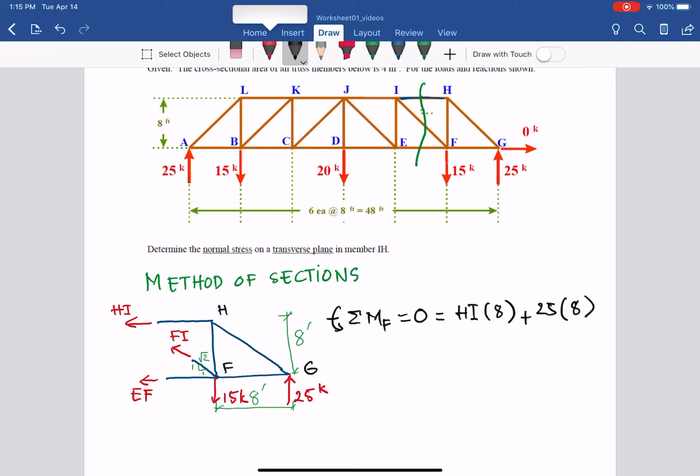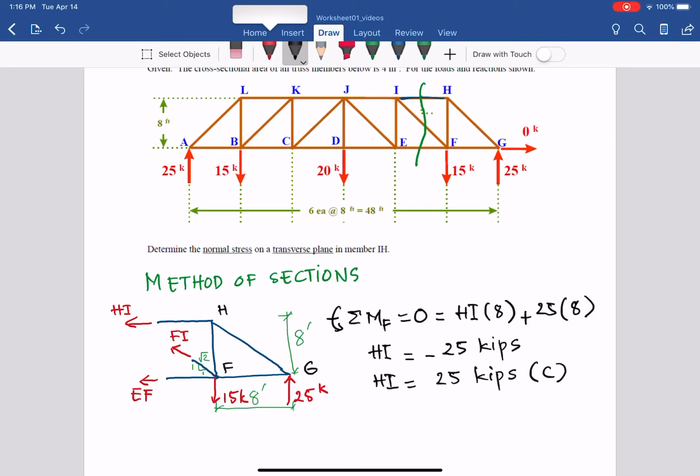From that we get HI equal to negative 25 kips. What does negative mean? It means that HI or IH is 25 kips in compression for a truss member. So that is the internal force for member IH.